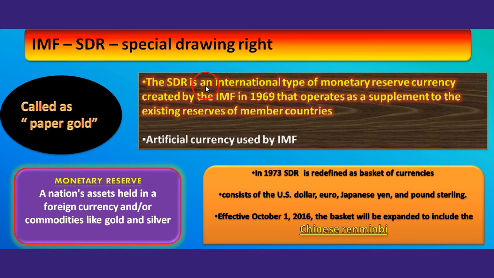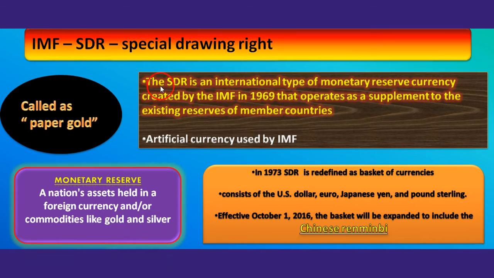The SDR is an international type of monetary reserve currency created by the IMF in 1969 that operates as a supplement to the existing reserves of member countries. Monetary reserve means a nation's assets held in a foreign currency and/or commodities like gold and silver. So the SDR is an international type of monetary reserve currency that is used by the IMF.